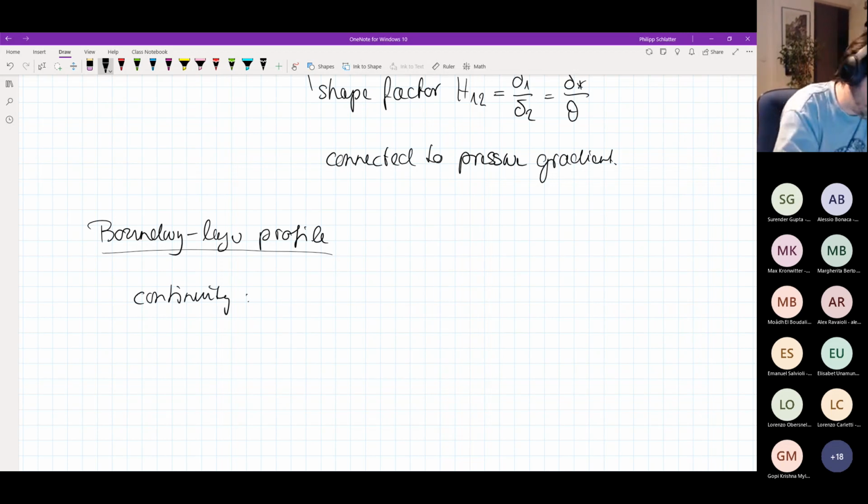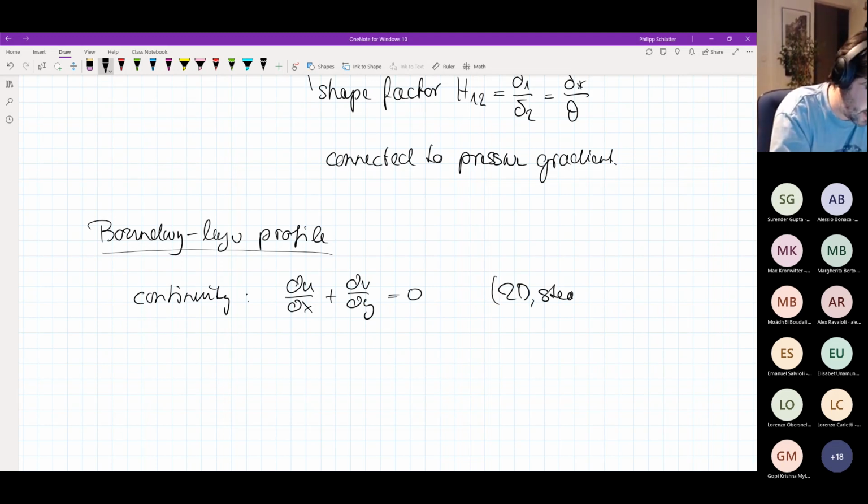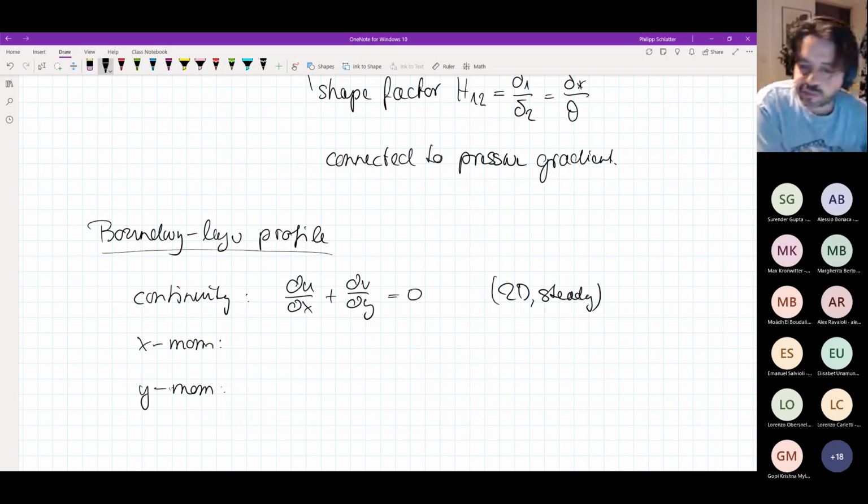So we have the continuity equation, du dx plus dv dy is 0. Okay, so we're looking at a 2D case and a steady case. Then we have the x momentum equation, and of course the y momentum equation. The x momentum equation, again for the steady and 2D case, using the approximation by Prandtl, namely that the second derivative in x is not relevant to take into account.